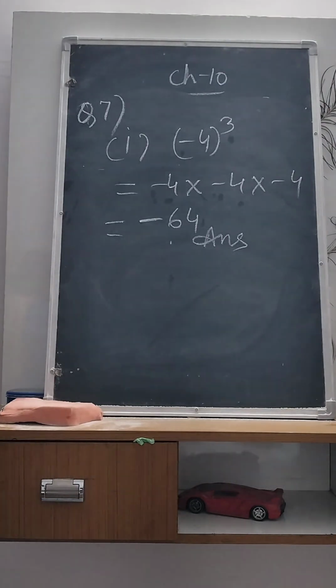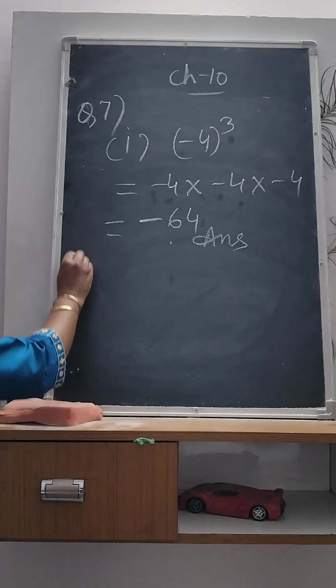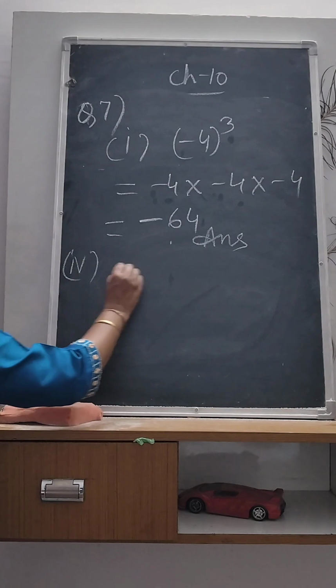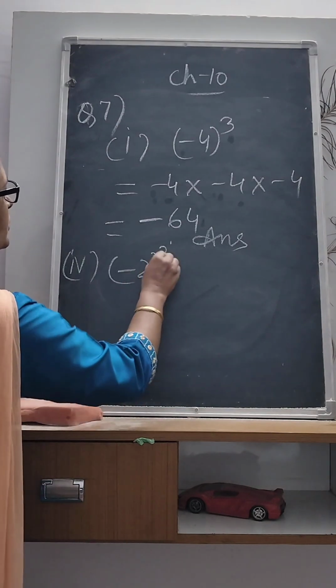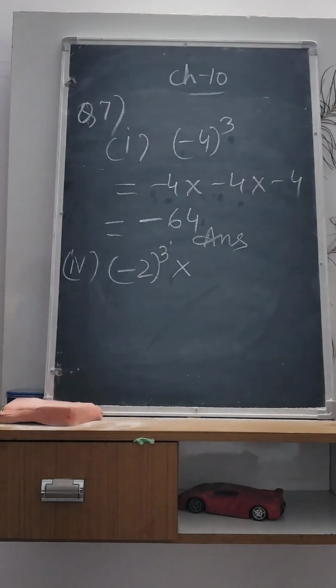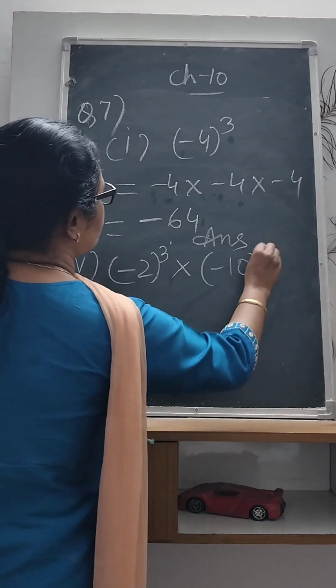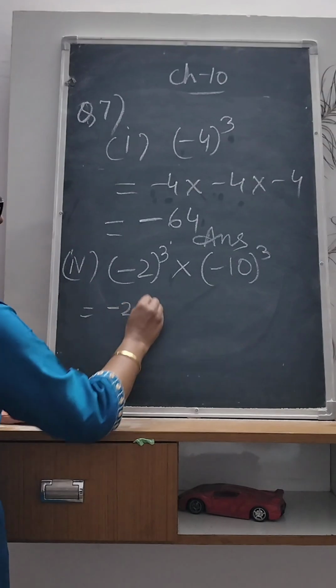Now students, one more of this type I will solve for you. The fourth part: minus 2 raised to power 3 multiplied by minus 10 raised to power 3. Now minus 2.